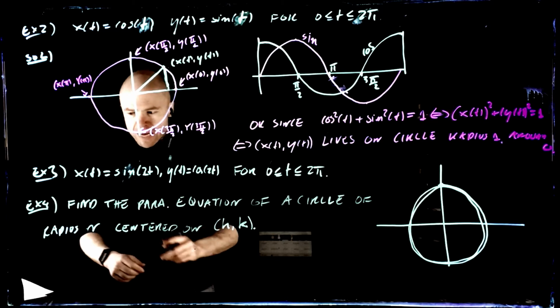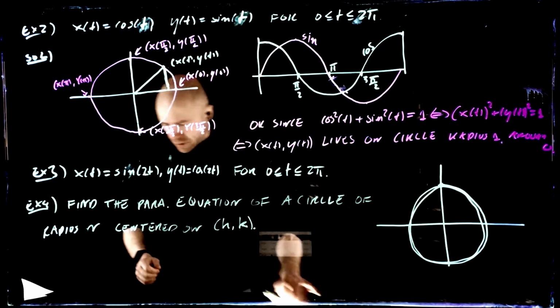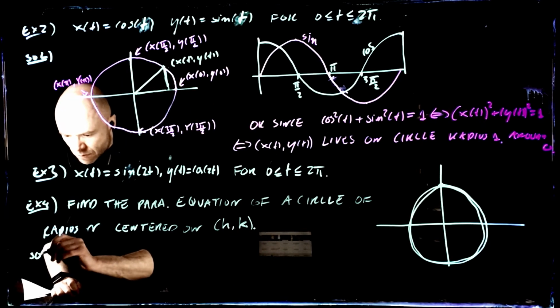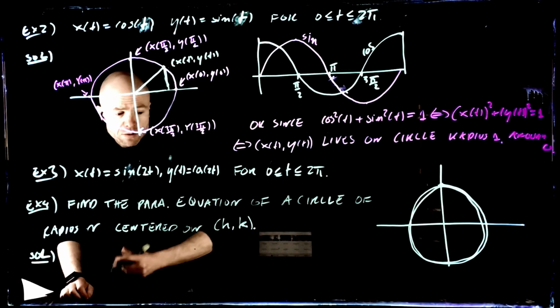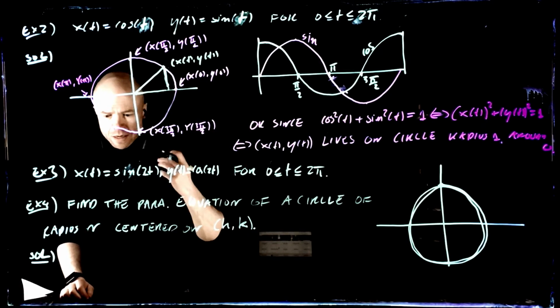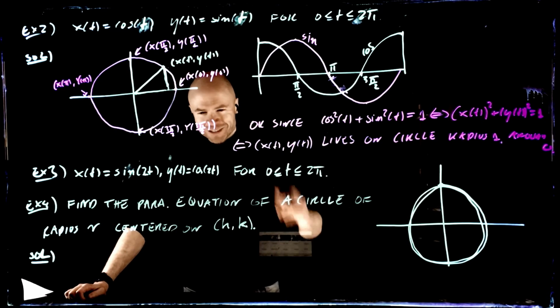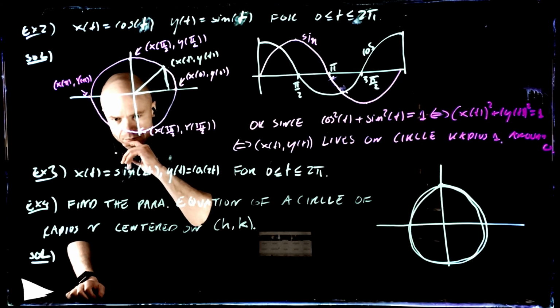Okay, which do you want to do? Add or subtract? Which one? Maybe you want to do both, but which do you want to do? Okay. Yes. And how do we deal with the fact we want radius r instead of radius 1? Come on, one of you. The full expression?